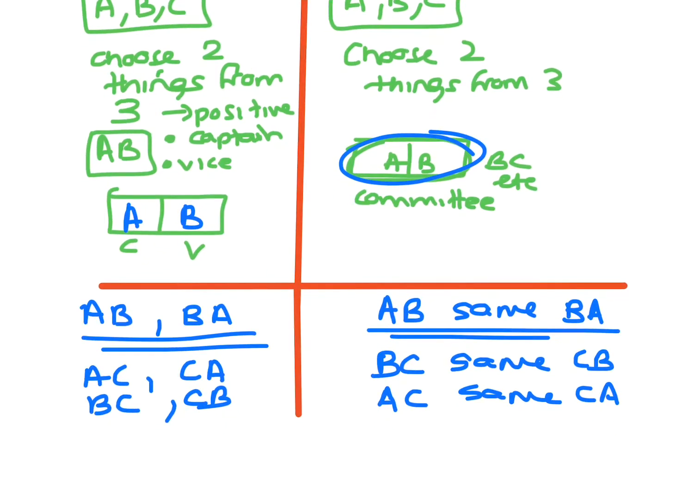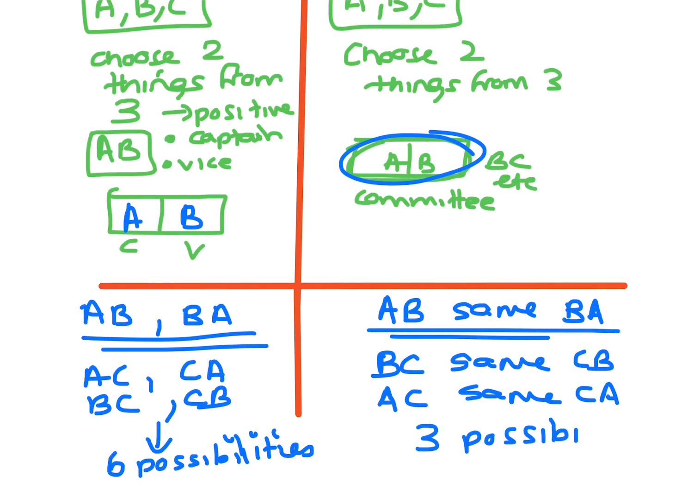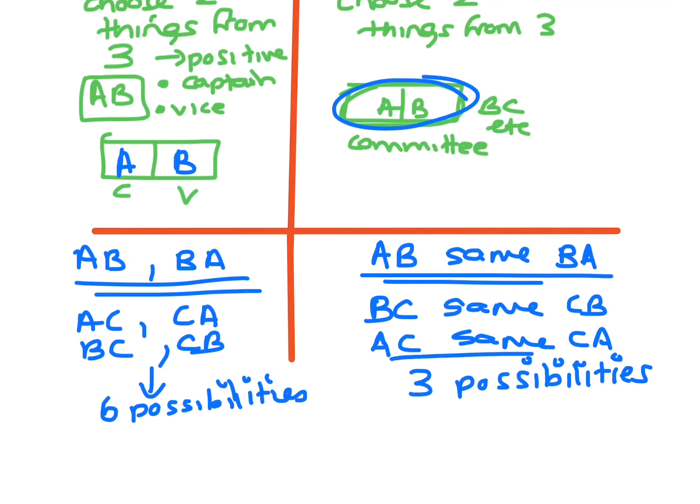Okay, so you notice here that there are 6 possibilities. Whereas this one here, there are 3 possibilities, because they mean the same thing. When you choose 2 particular people, you're just choosing those same 2 people. Doesn't matter which order you actually choose them, they're still on the committee.